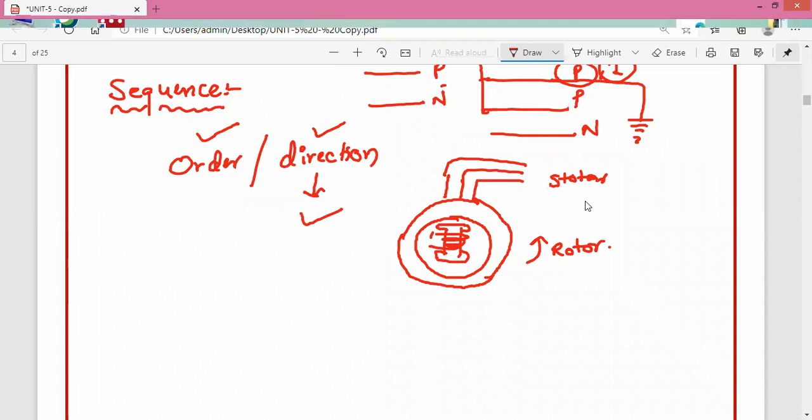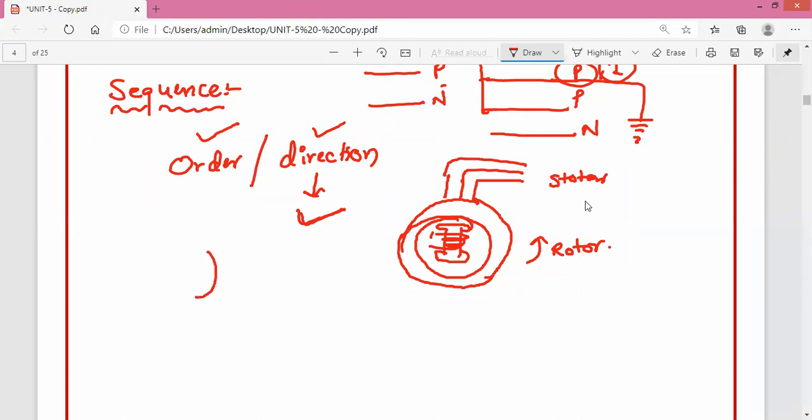Now it is very clear from where the sequence can be obtained in a power system: the direction of the machine, so the direction of the rotor. As and when the rotor is rotating, the sequence can be obtained. So how can you decide the direction of the rotor? Just by connecting to the prime mover of the turbine.